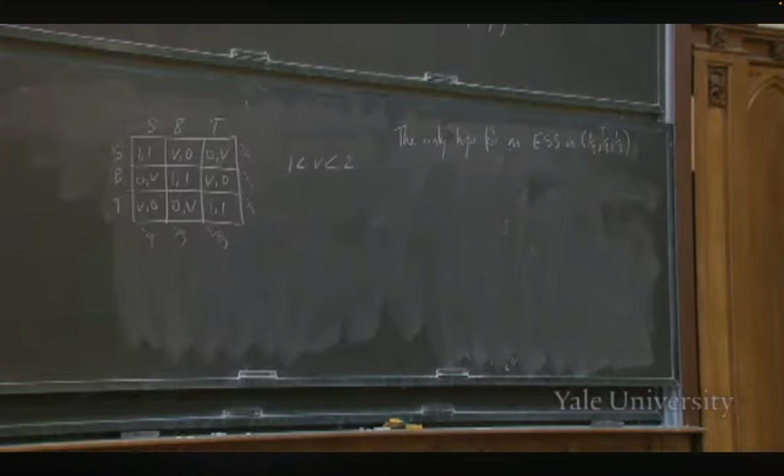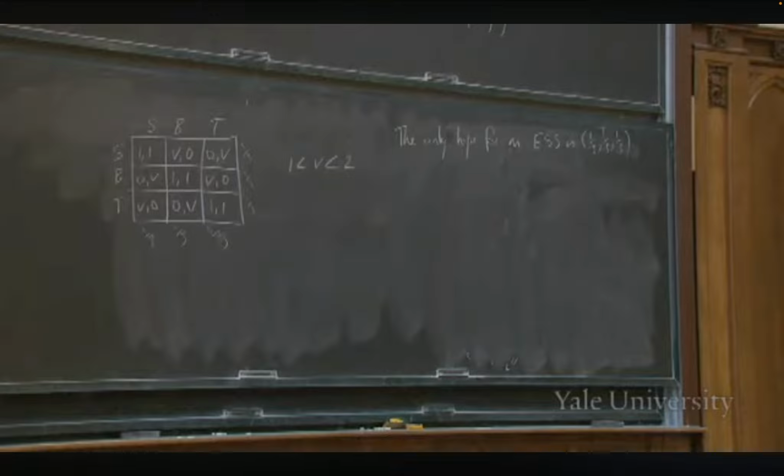All right? And the question is, is this evolutionarily stable? So we know it's a Nash equilibrium that I've given you, and we know it's not a strict Nash equilibrium. Everyone okay with that? It can't be a strict Nash equilibrium because it's mixed.